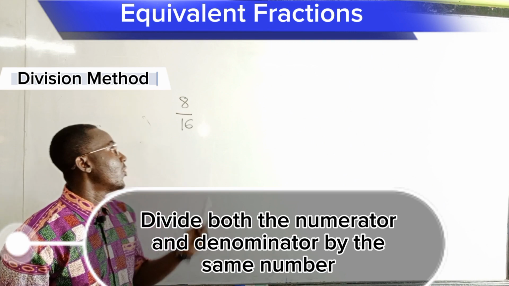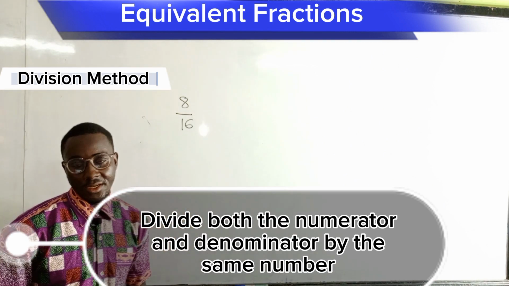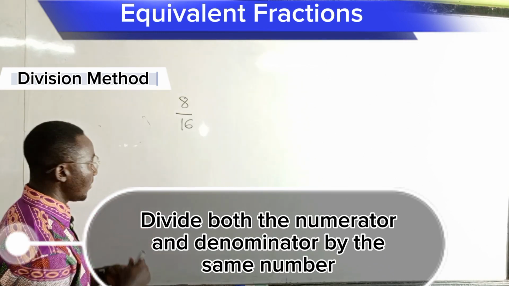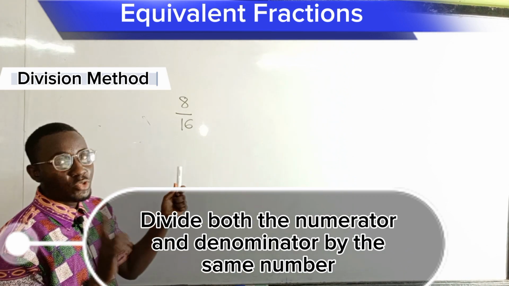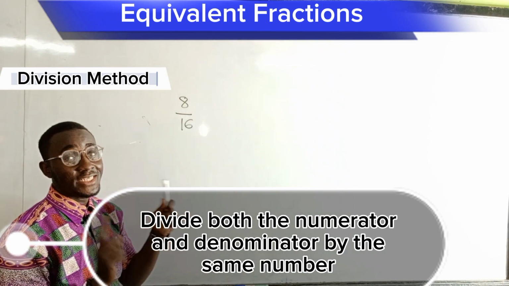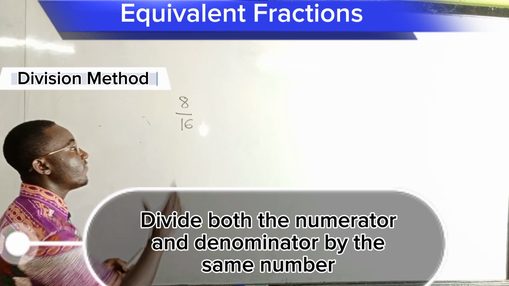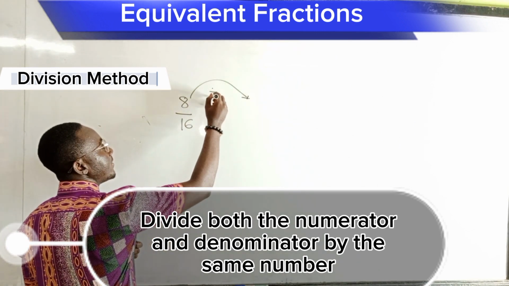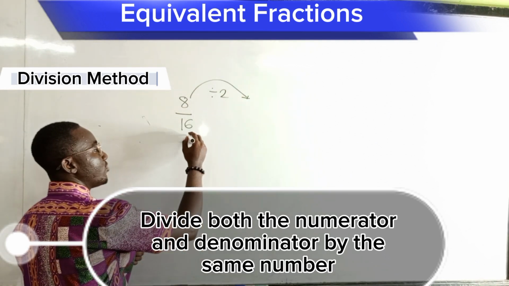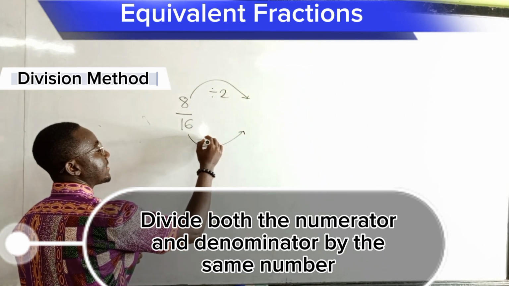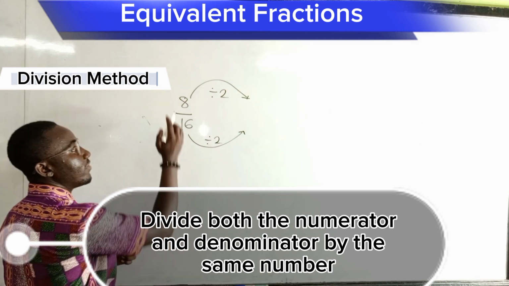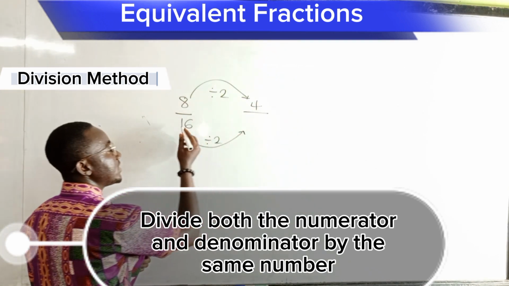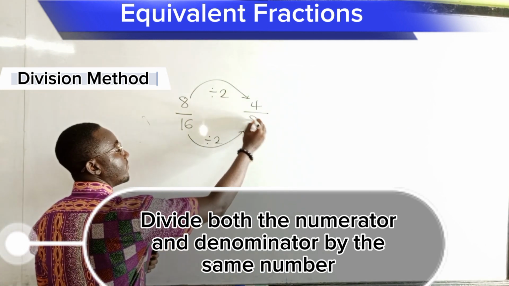All right, so we have 8 out of 16. I'm going to find the next 2 equivalent fractions. Remember, whatever number you use to divide the numerator, you use that same number to divide the denominator. So for the numerator 8, I'm going to divide by 2. And for the denominator 16, I'm also going to divide it by 2. 8 divided by 2 will give you 4, and 16 divided by 2 will give you 8.